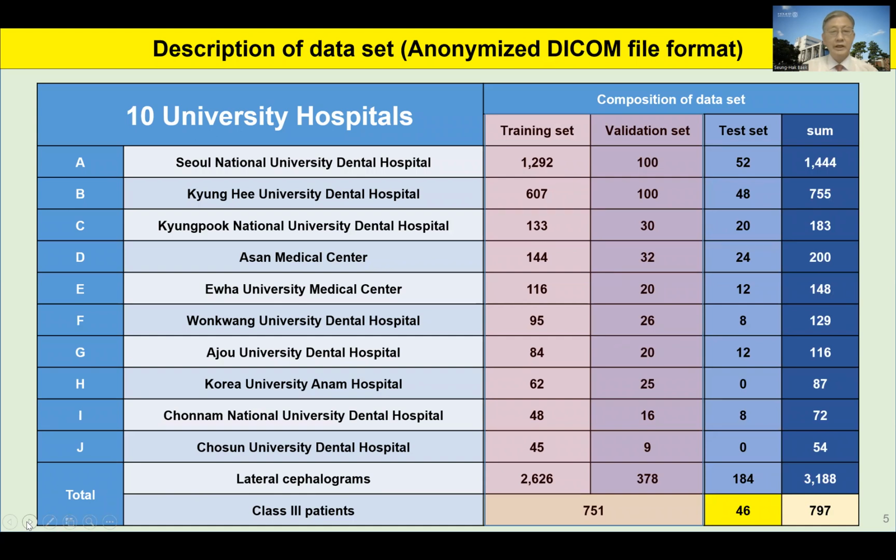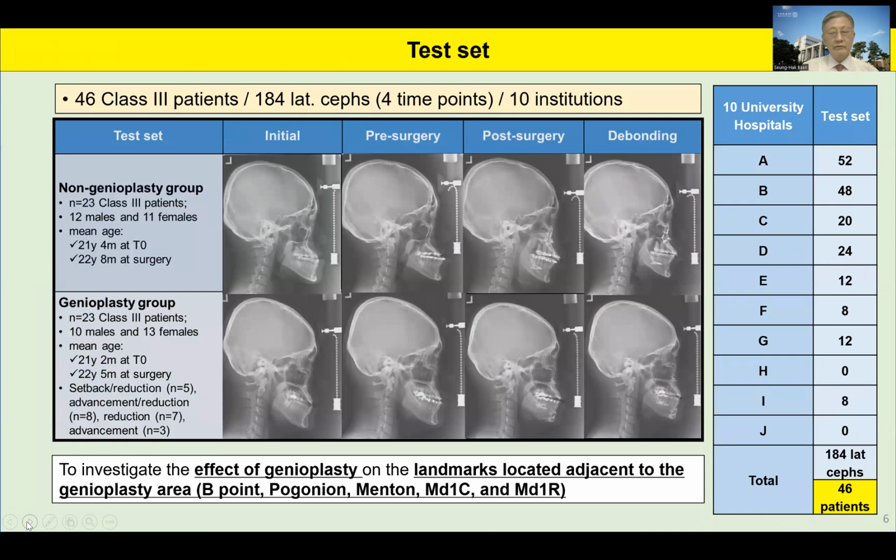The data set was obtained from 10 university hospitals. 751 skeletal class 3 patients and 3,004 lateral cephalograms were used for the training and validation set. And 46 skeletal class 3 patients and 184 lateral cephalograms taken at 4 time points were used as the test set.